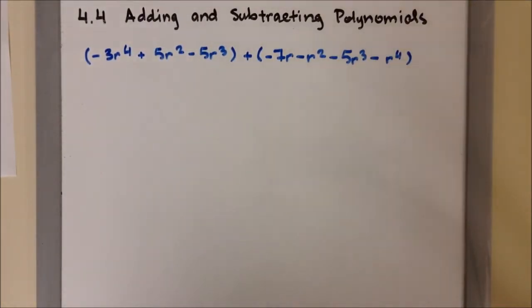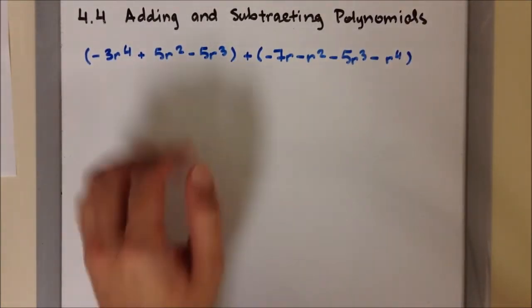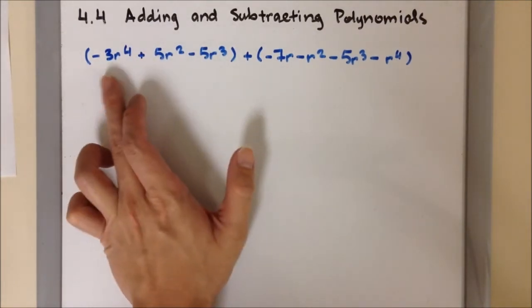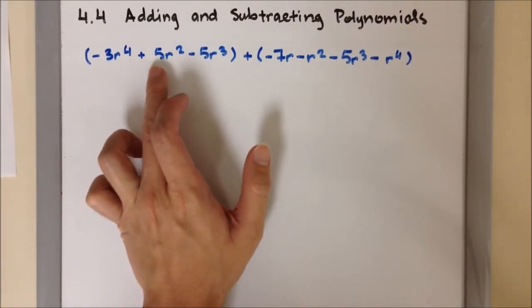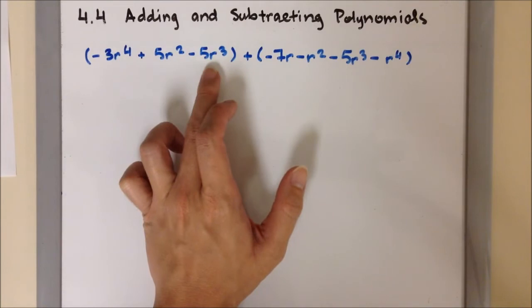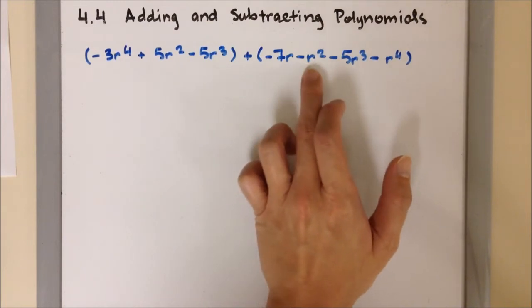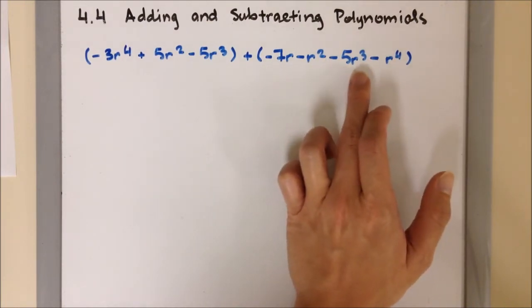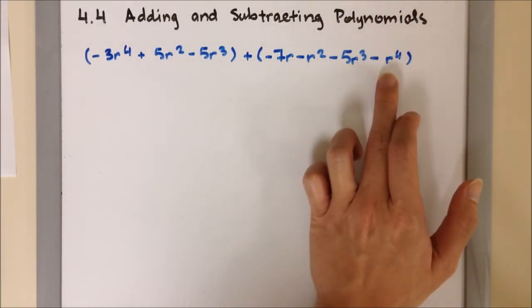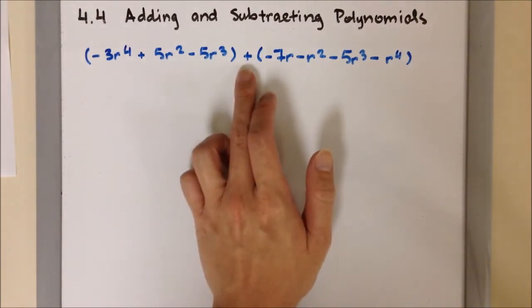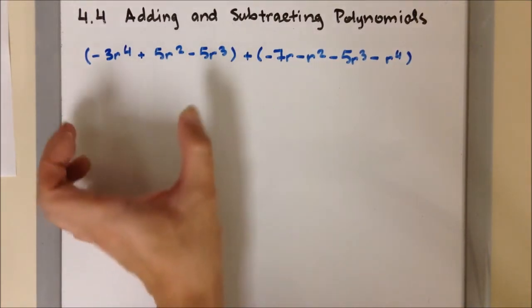In this third example, in our first set of parentheses we have negative 3r to the fourth plus 5r squared minus 5r to the third. In the second set of parentheses, you have negative 7r minus r squared minus 5r to the third minus r to the fourth. And between the sets of parentheses, we're going to be adding.